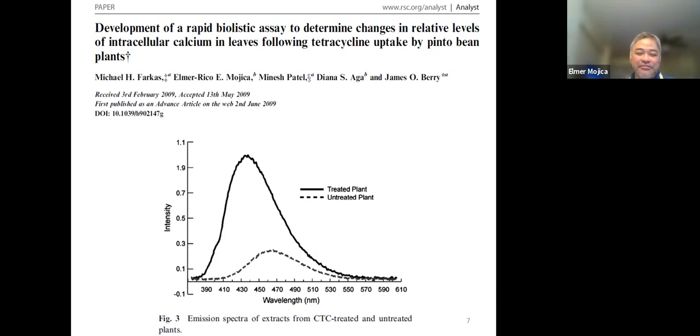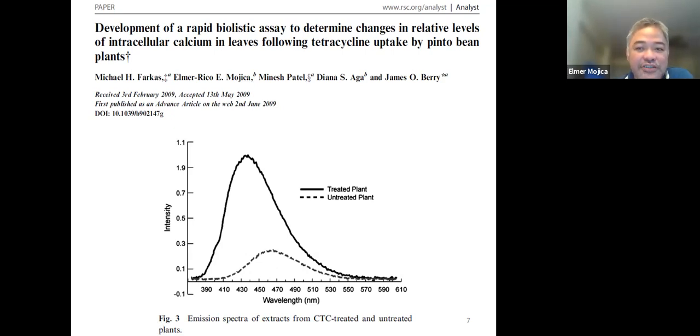When we treated our plant with tetracycline, we had a higher intensity of the emission scan. We excited around 360, and we found out that only the treated plants were excited, while the untreated ones, because there's no tetracycline in them, had lower intensity compared to those treated with tetracycline.